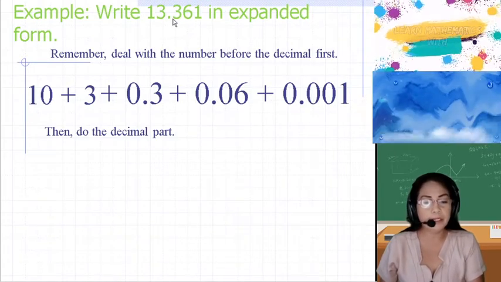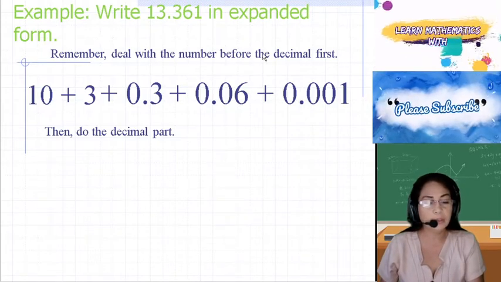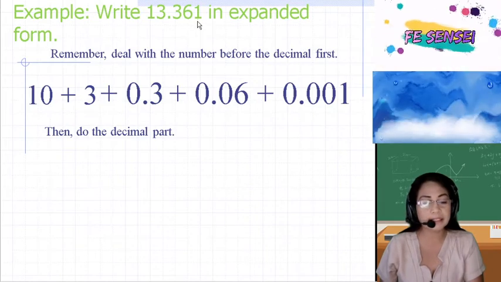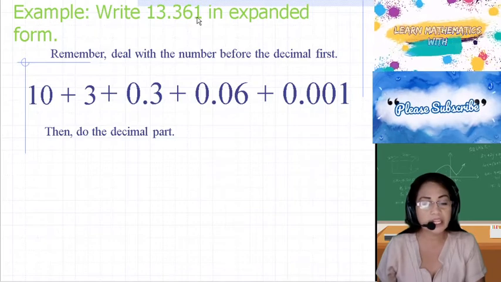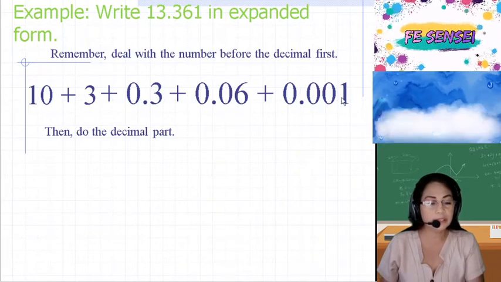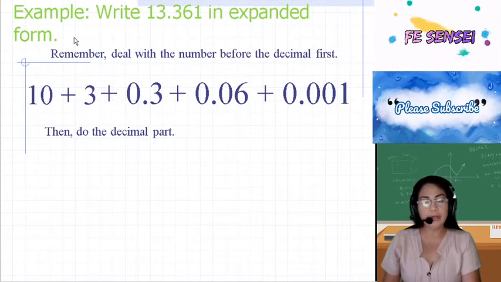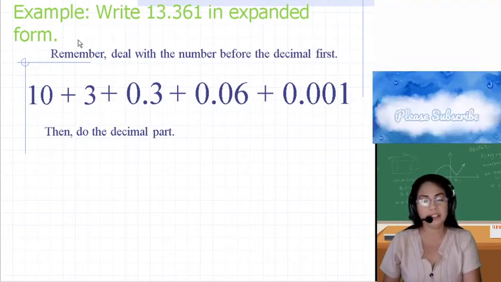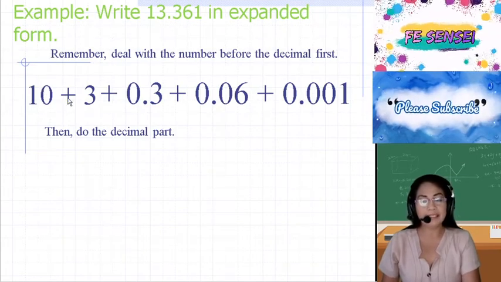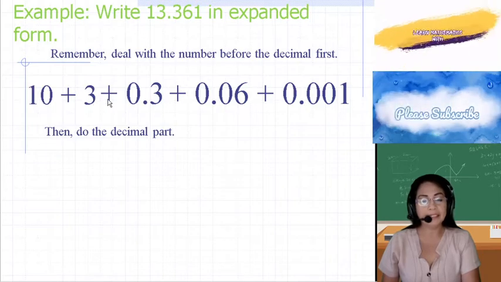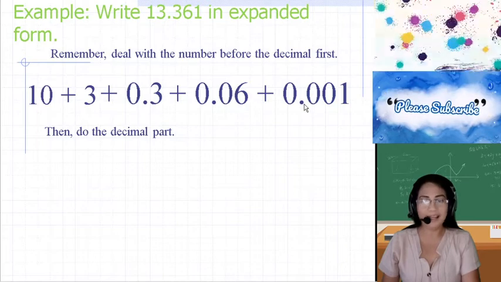In the given number, the number in the tens place is 3, replace it with 0. The hundredths place is 6. On the last digit, that's 1. So to write it in expanded form, we have 10 plus 3 plus 3 tenths plus 6 hundredths plus 1 thousandth.